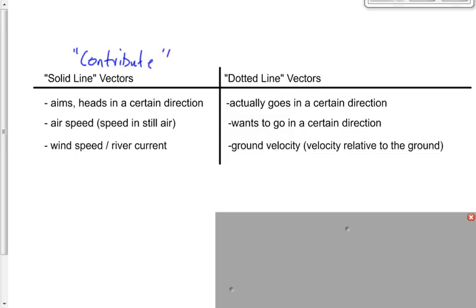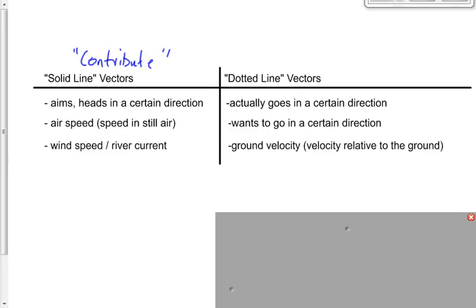Our dotted line vectors, they don't contribute to where we go, they're where we go. The airplane actually goes directly north or wants to go directly north. What's the velocity of the airplane relative to the ground, or the velocity of the ship relative to the shore?